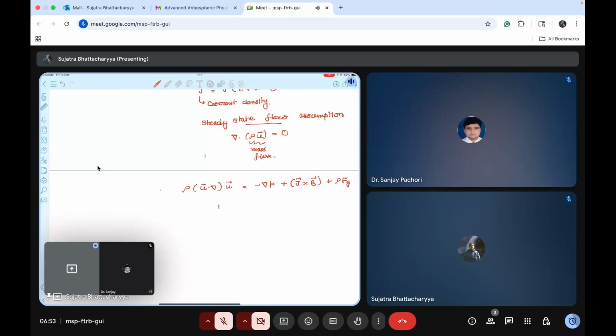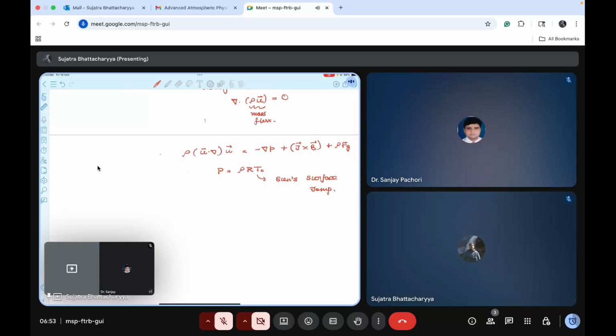Now comes the ideal gas law. P is equal to rho R T naught. T naught is the sun's photosphere temperature, the sun's surface temperature, let's say 6000 Kelvin. And we also assume, which we have already written earlier, spherical symmetry. That is, only the radial component we will be using.